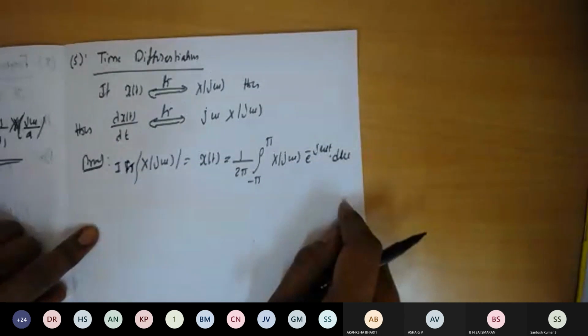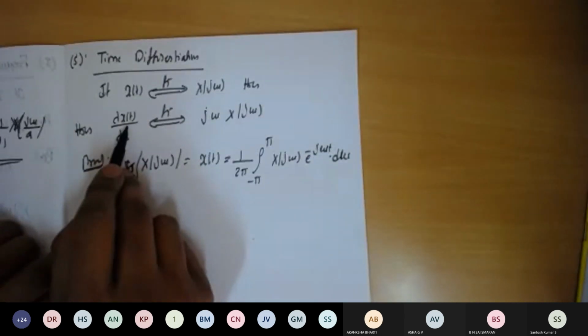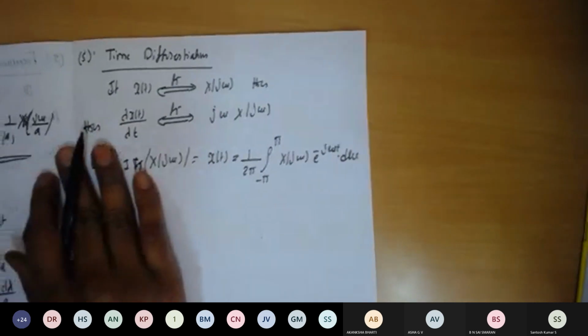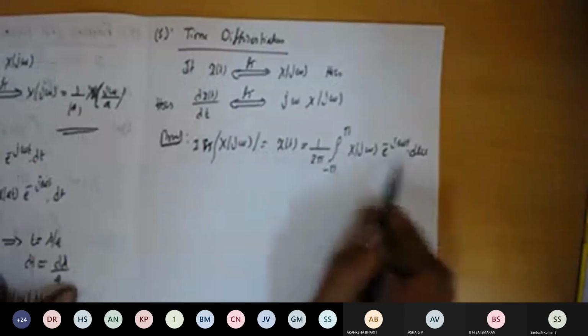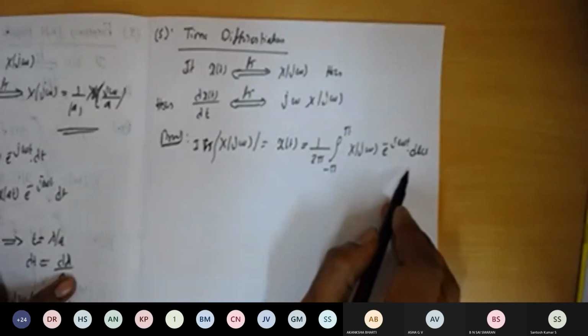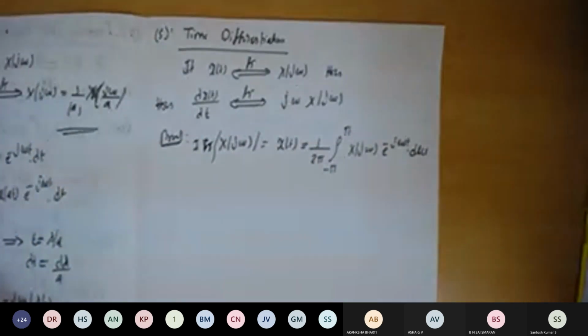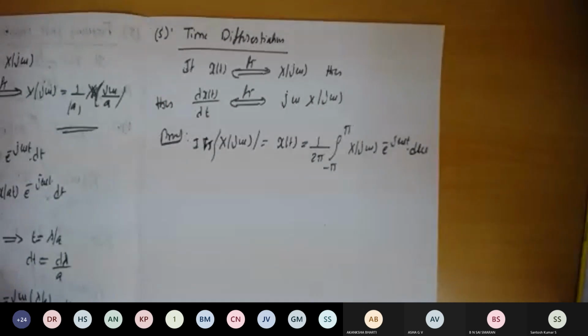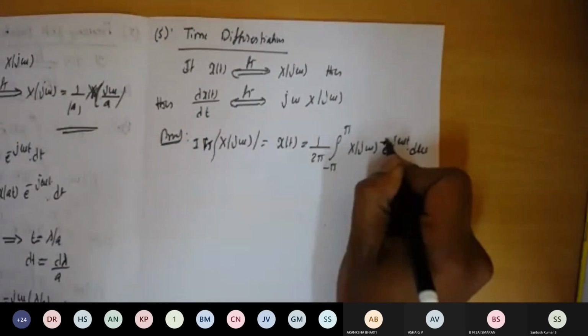Now, since we want the differentiation in the time domain, we'll differentiate this with respect to t on both sides. Note that this is plus j omega t, not minus j omega t.